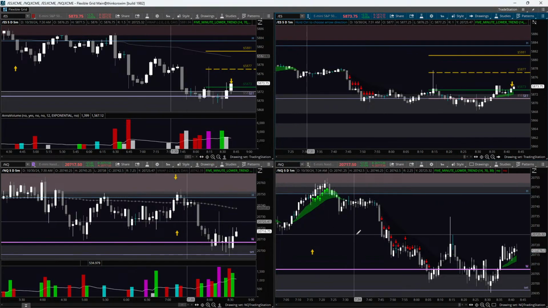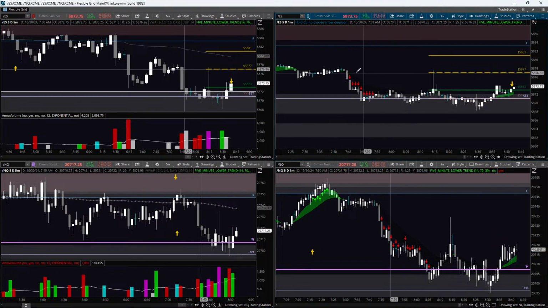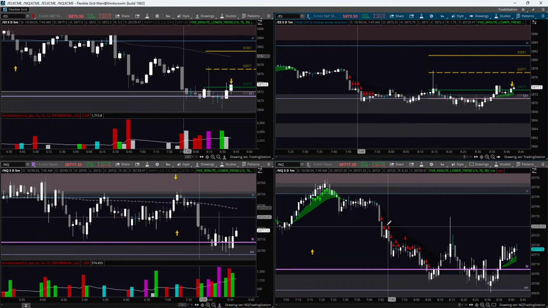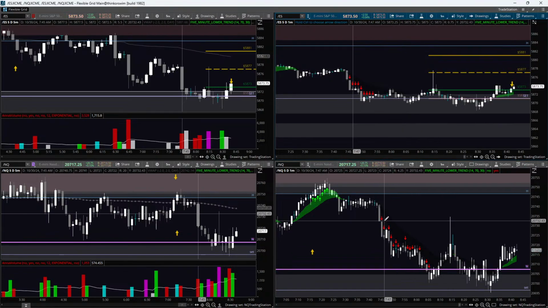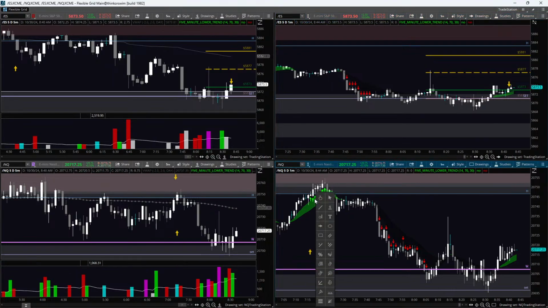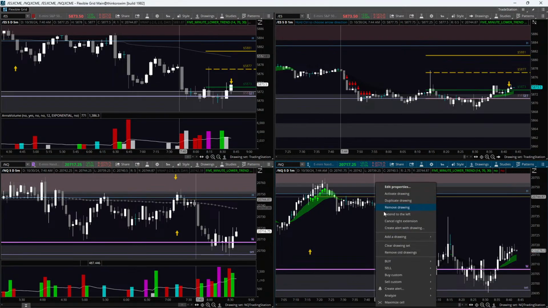I really would like to see price. So yeah, price cleared the sell up here and came back down. Price cleared that sell too and came back down. So this area here would be my area of interest for price to reject.